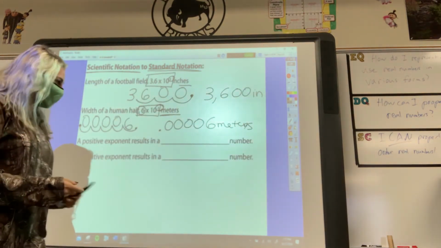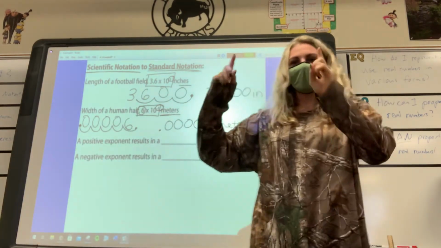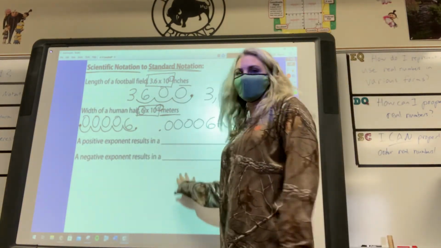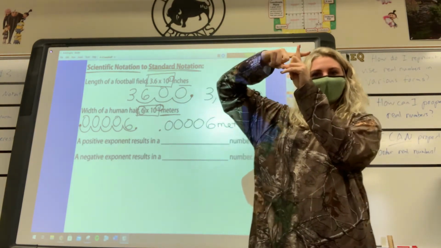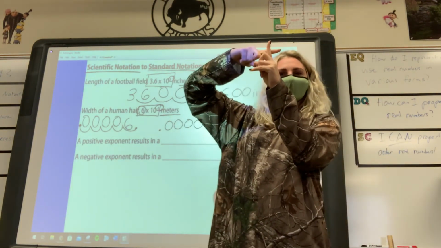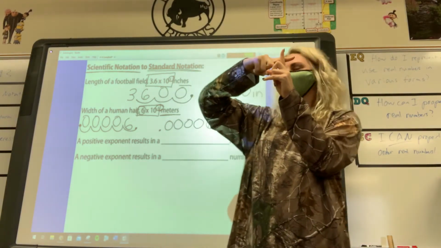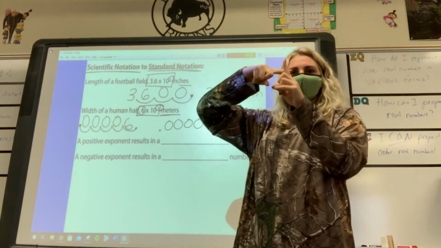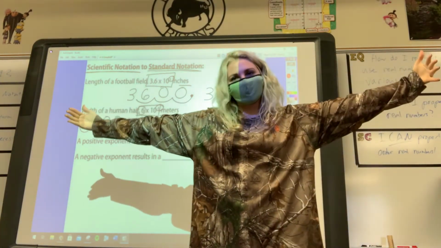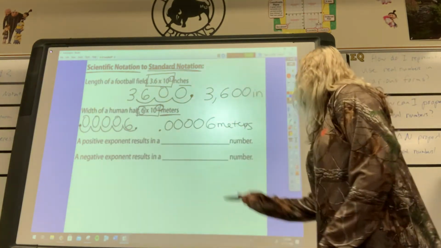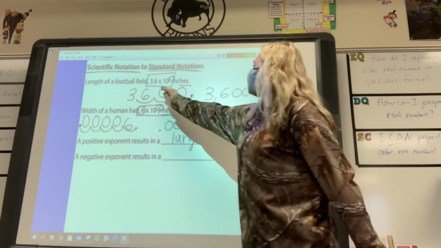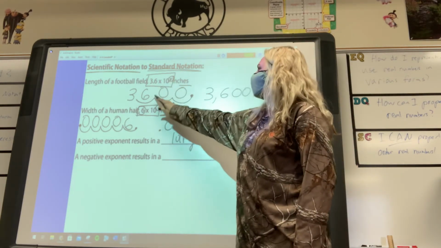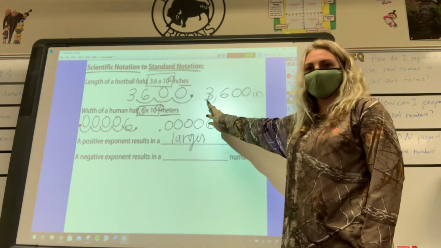So I have one last thing to show on this slide. We have 2 blanks to fill in, and I'm going to help you real quick. So a positive exponent, if we make a T, it kind of looks like a positive sign, addition. So positive exponents will result in a really large number, okay? So if we look here, this 3.6 with a positive exponent became a larger number.